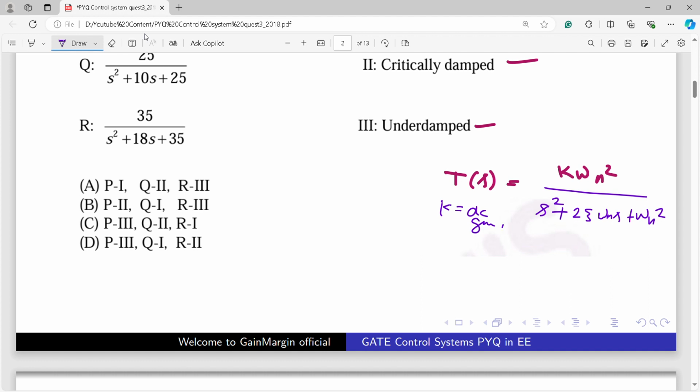How to find the DC gain? Just put s equal to 0. Here zeta is the damping ratio, and omega n is the natural frequency in radian per second.